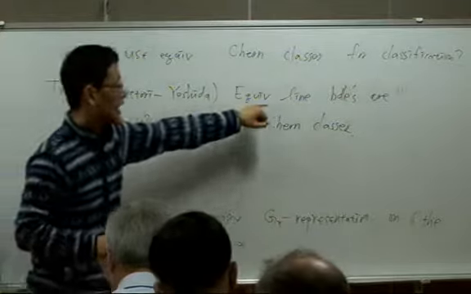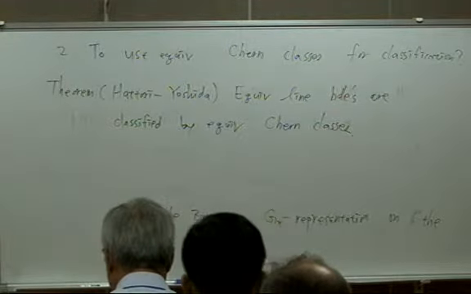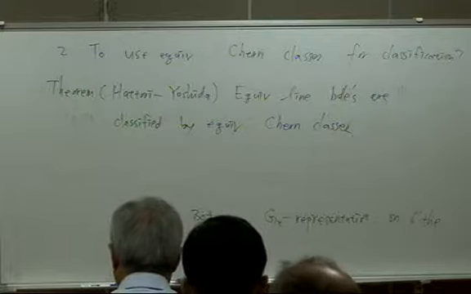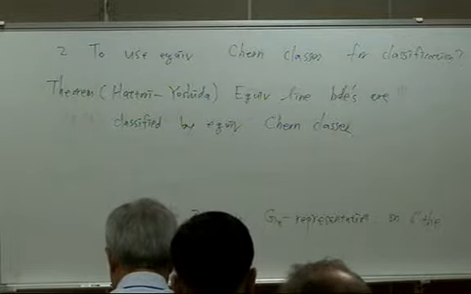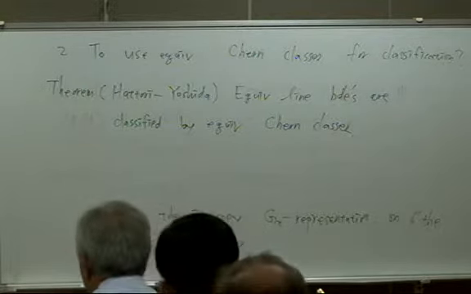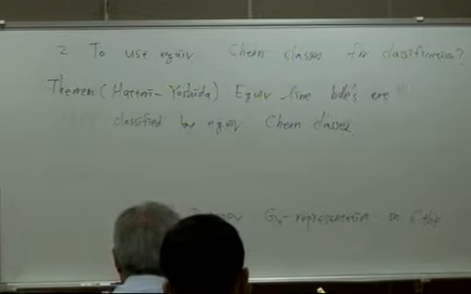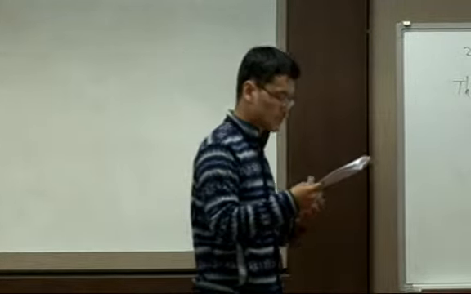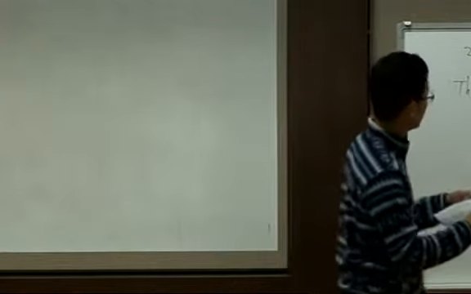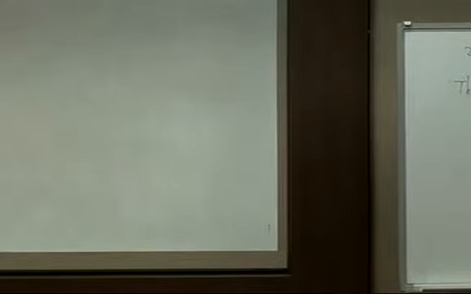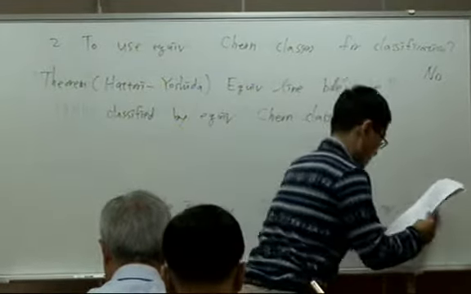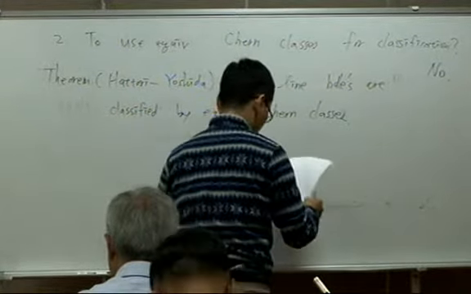This is just for line bundles, but there are no general results. Also, equivariant Chern class and equivariant cohomology are very difficult to calculate. So we do not consider equivariant Chern class. Then what is a substitute for equivariant Chern class? To answer this question, we look at some known results.